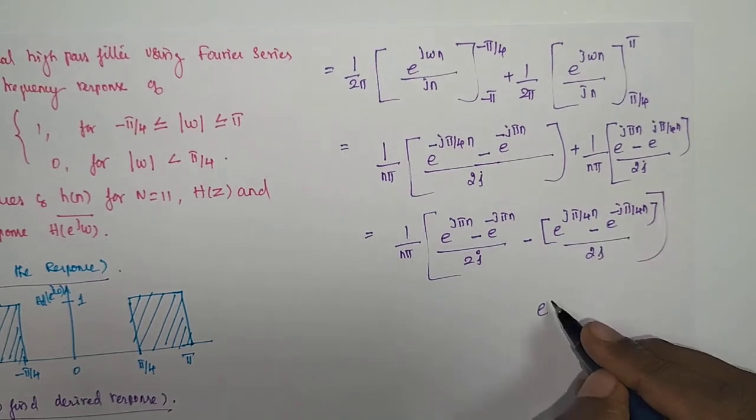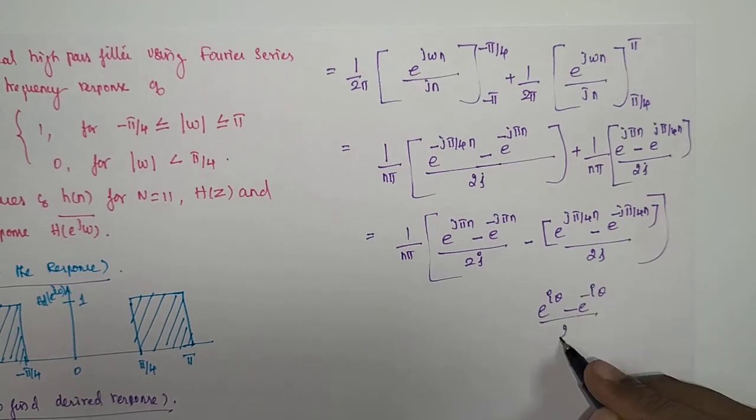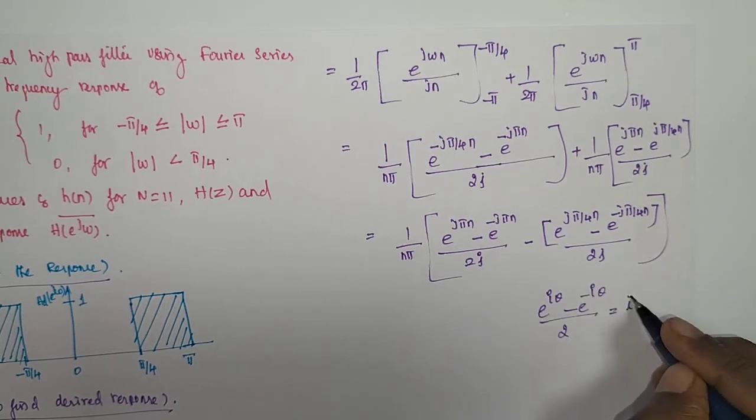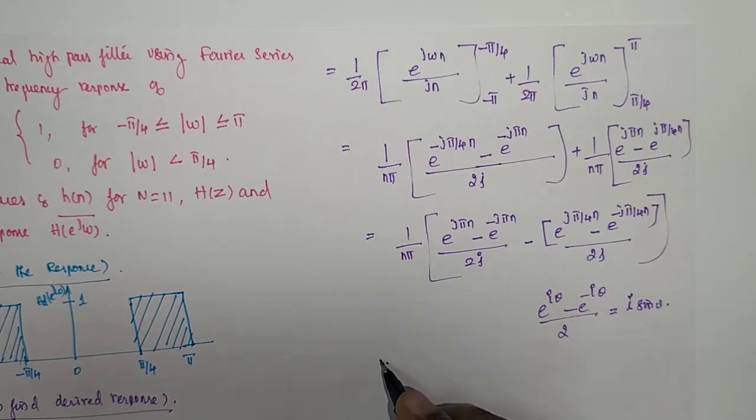So you know that e power j theta minus e power minus j theta divided by 2j is equal to sin theta. So this value is equal to sin n pi.